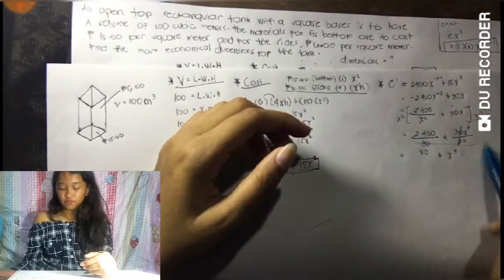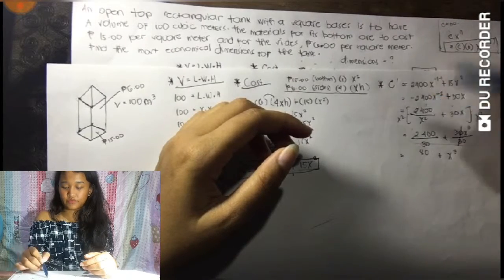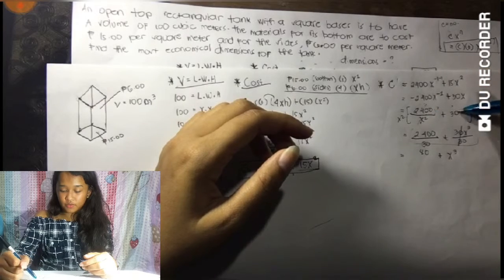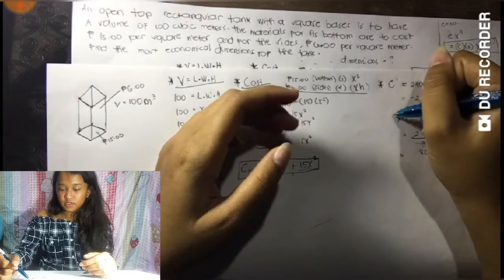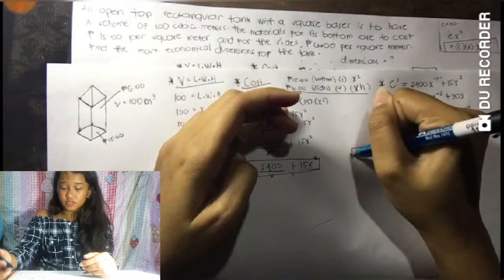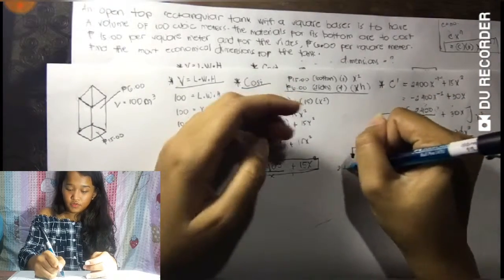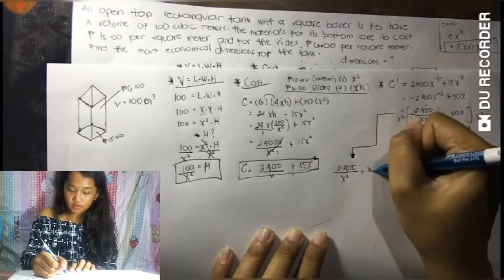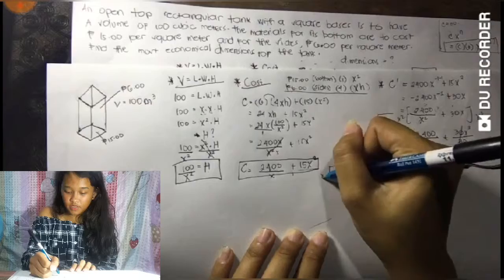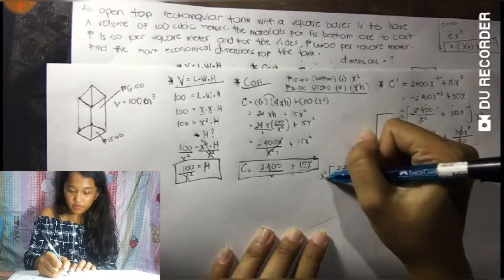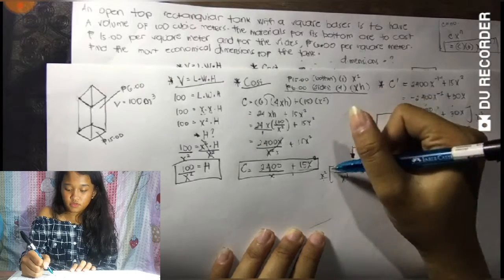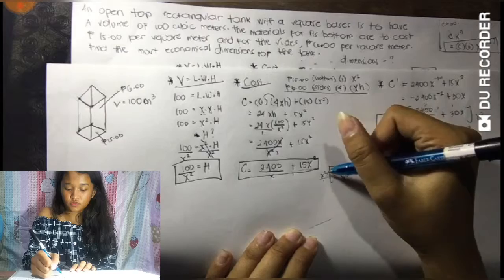Plus x cubed. Maybe you're confused on how I delivered this one. This is 2400 times x squared will be 2400 x squared, cancel, and this one 30x cubed. Maybe I still need to show you this. Okay. For you not to be confused, 2400 all over x squared plus 30x. Multiply both sides by x squared, 1 times x. Just think that this is all over 1.